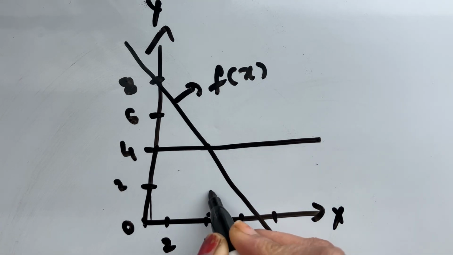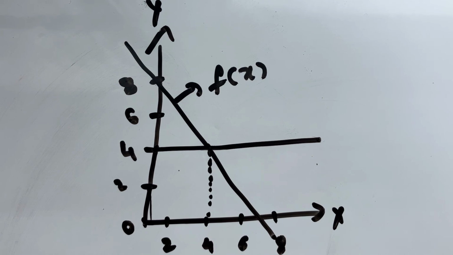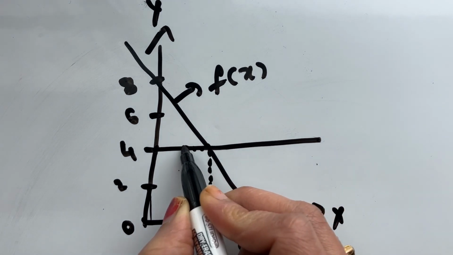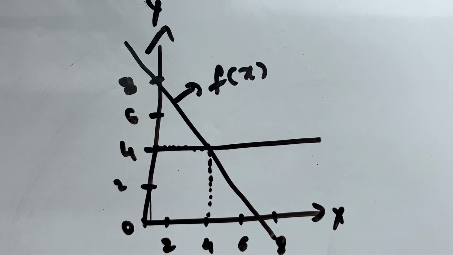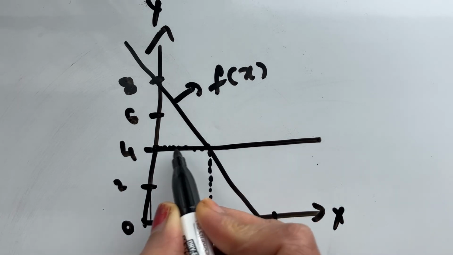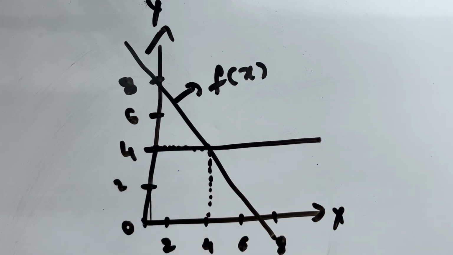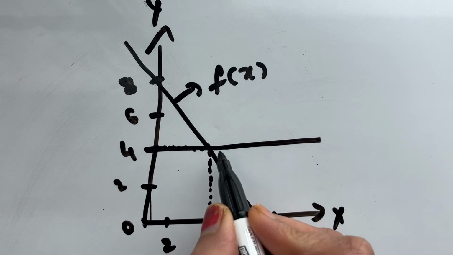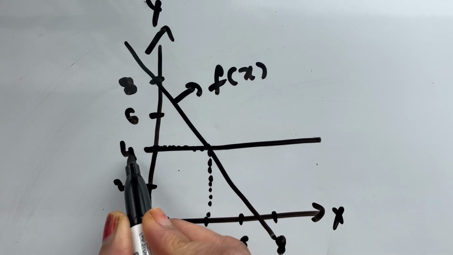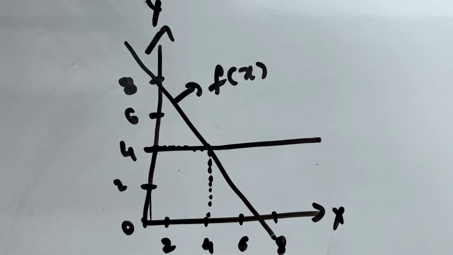Here you can see one input x produces only one output, which is f of x, which is nothing but y. So that means this function has an inverse function.